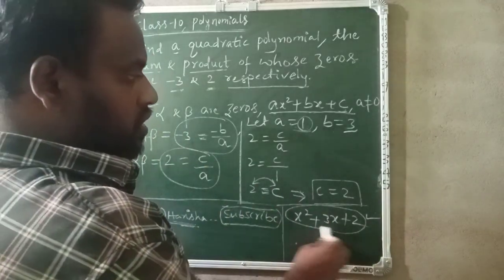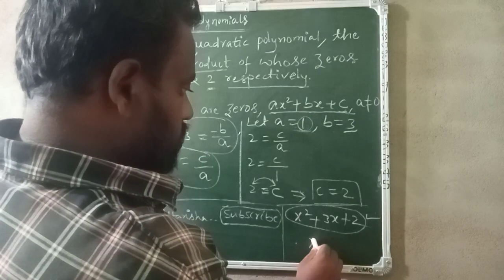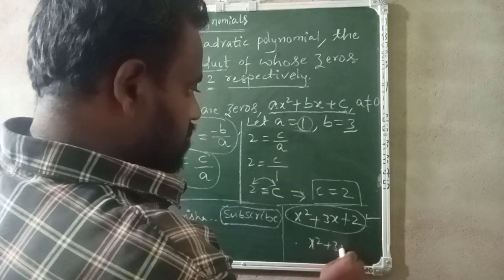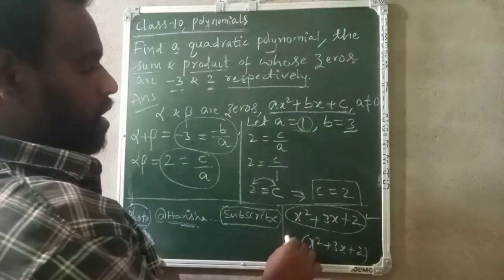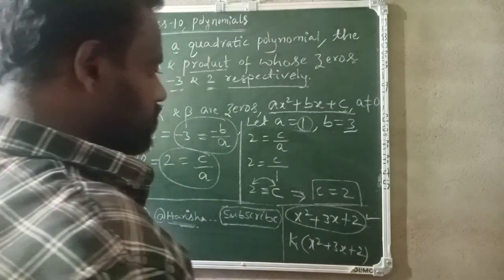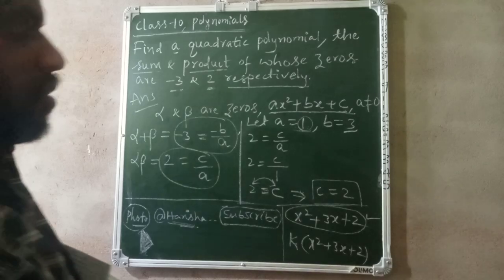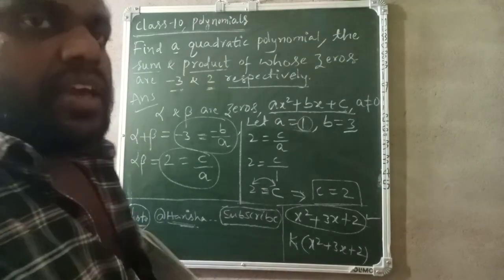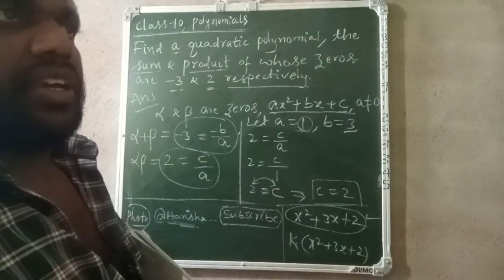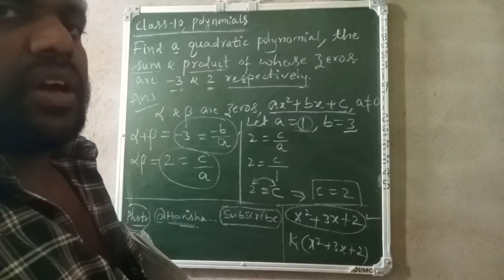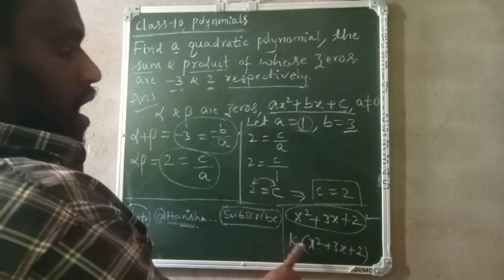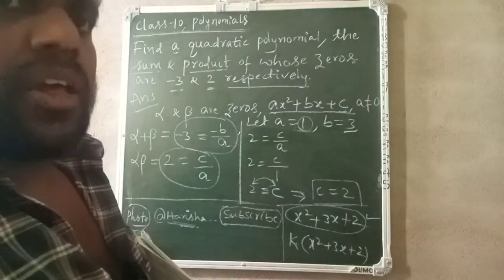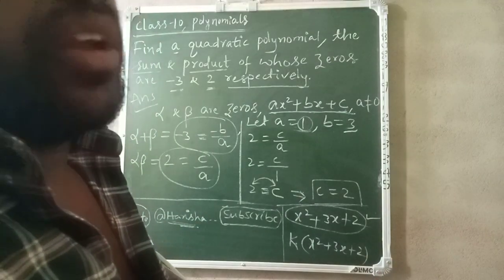After you find this, just write it once again here, x square plus 3x plus 2, put a bracket like this, and multiply by k. What is k? k is any real number. It can be a whole number, natural number or integer. Any number you take for k and multiply the whole thing, you get different quadratic polynomials.